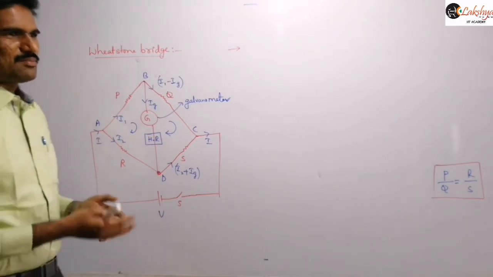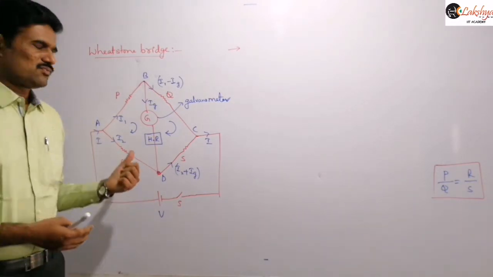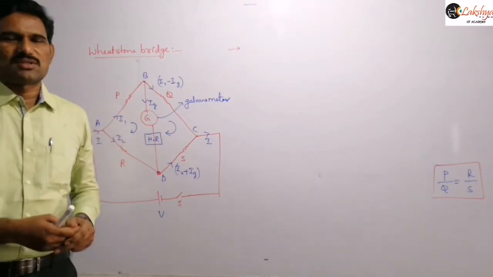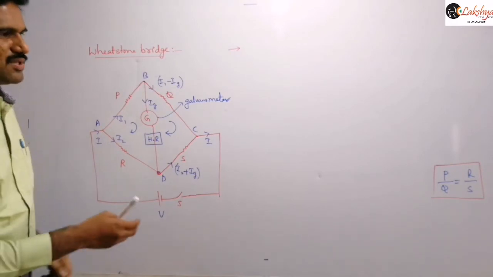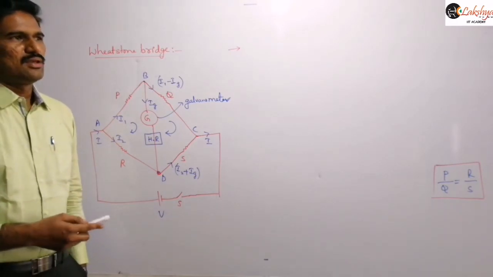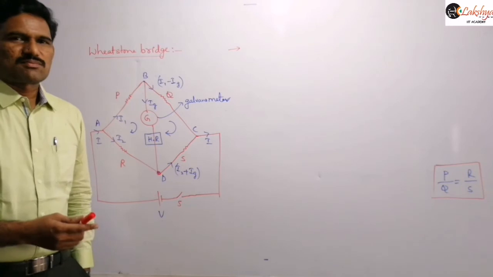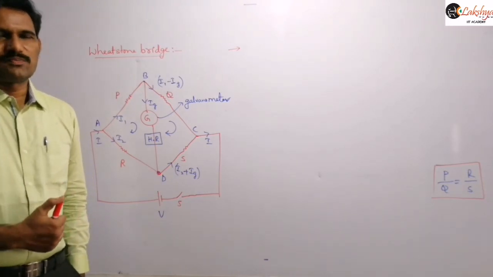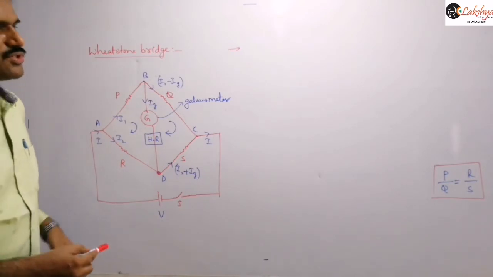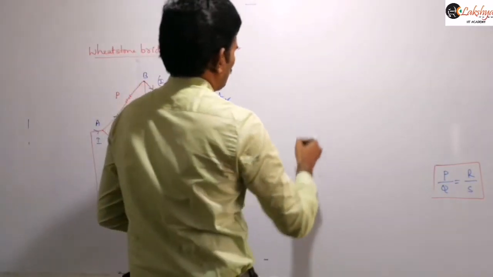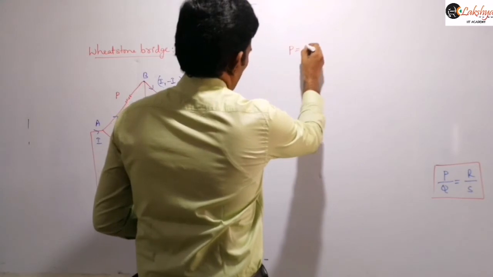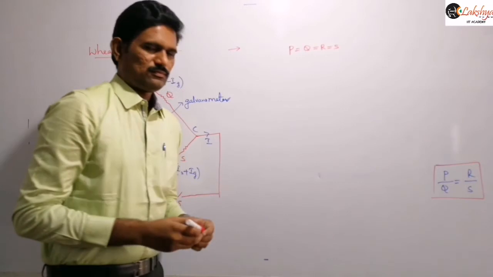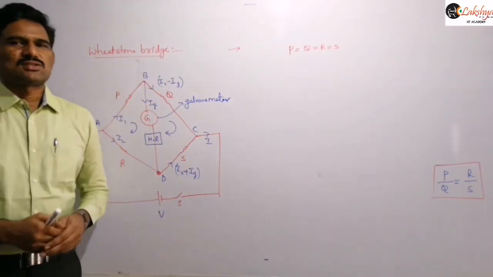If they are nearly the same, then the Wheatstone bridge is said to be more sensitive, that means you will get more accurate values. So note that the Wheatstone bridge is said to be more sensitive when all the resistors are equal.